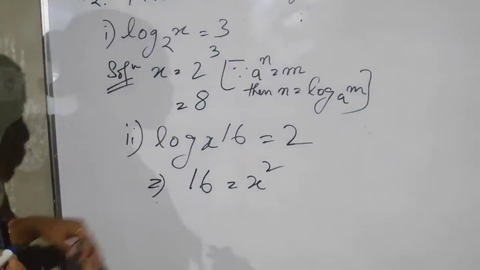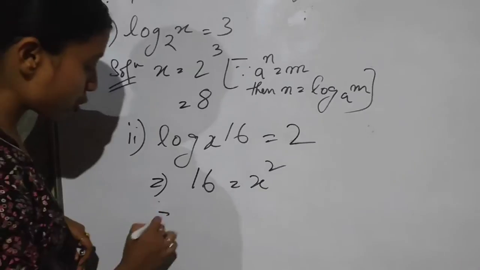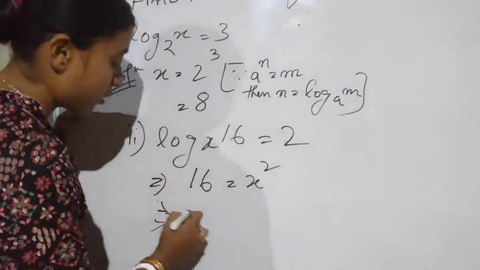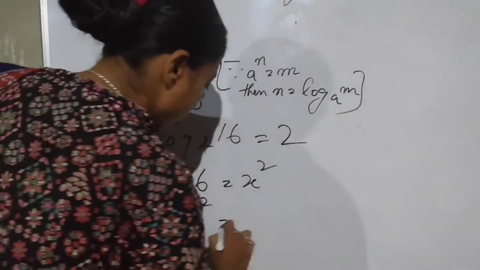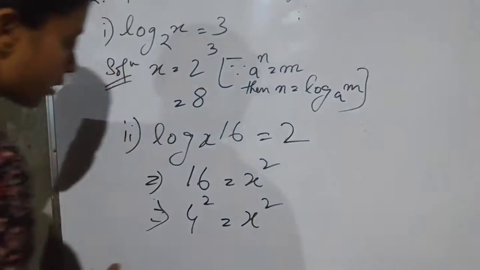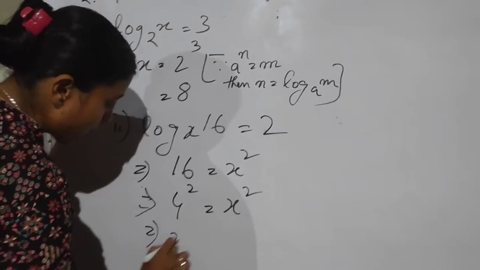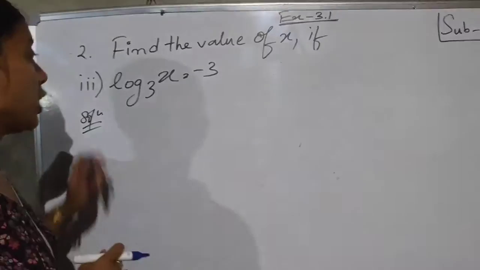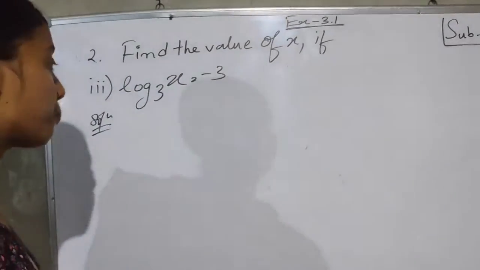So, from here again what can we write? 16 is 4 square. So, this is x square. So, x will be how much? X will be 4.